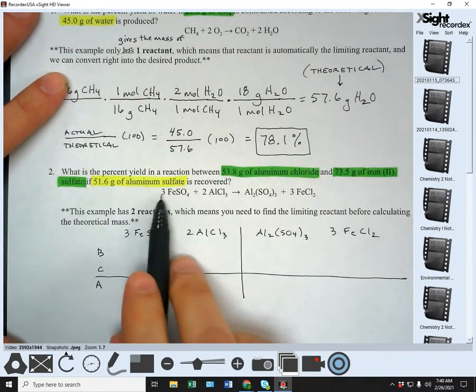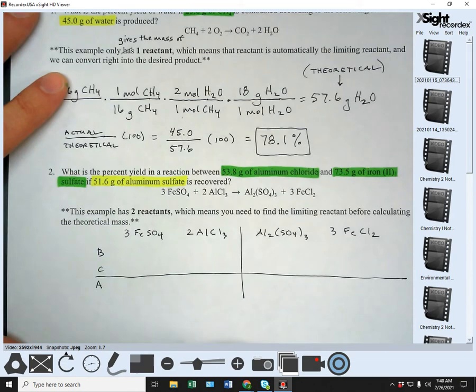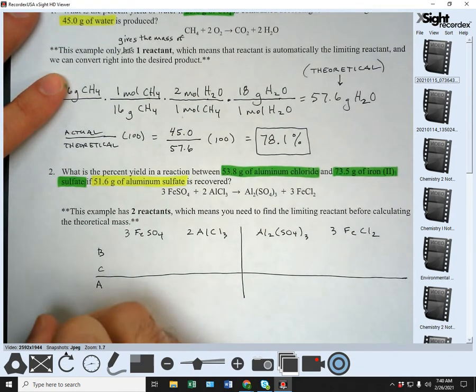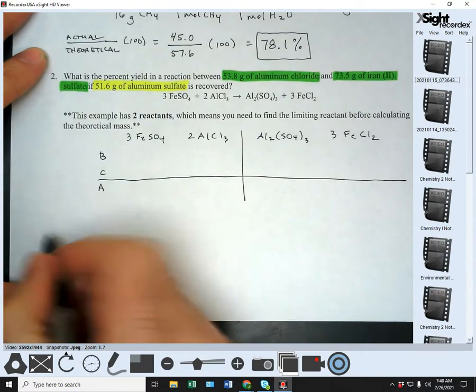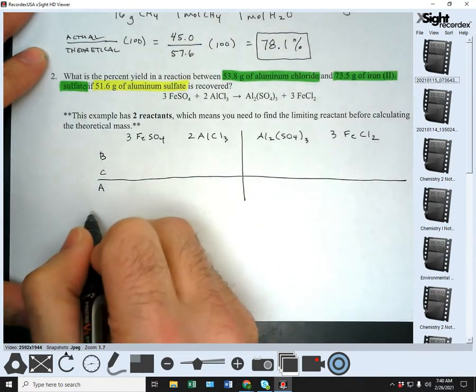So the first thing we need to do, given us these in grams, we have to turn the grams into moles. So I'm going to start it kind of over on the left side here, so I make sure I have enough room.